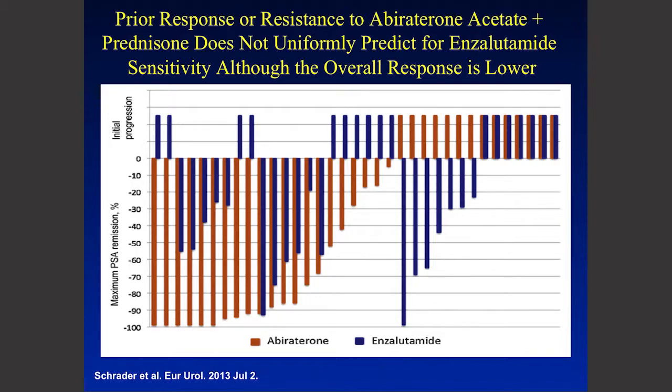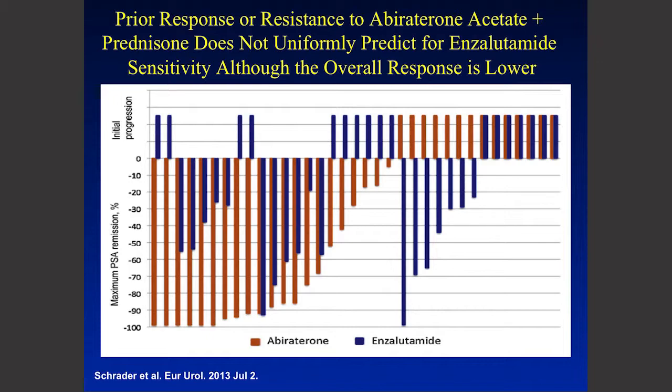But essentially, it's looking at the waterfall plots in patients who had responded, in red, to abiraterone. Again, a group showing very dramatic declines in PSA, a group that did not respond at all, who then received enzalutamide. And you see there were some patients who were cross-resistant to both agents.